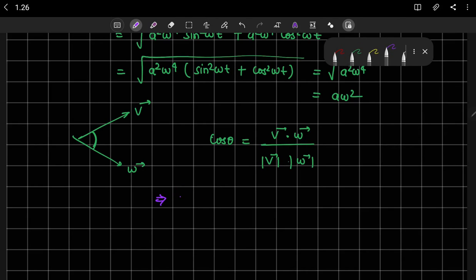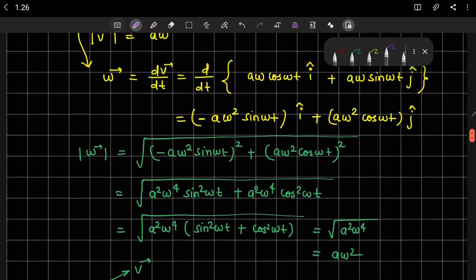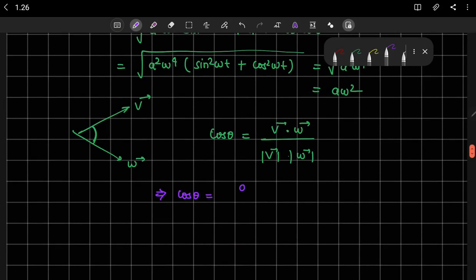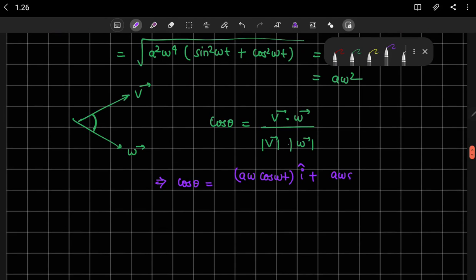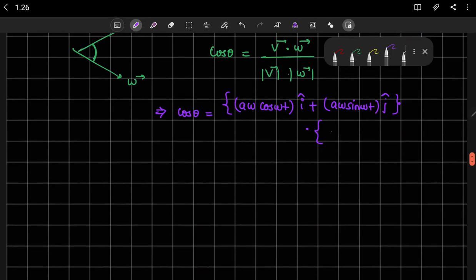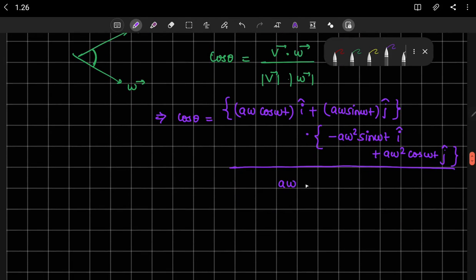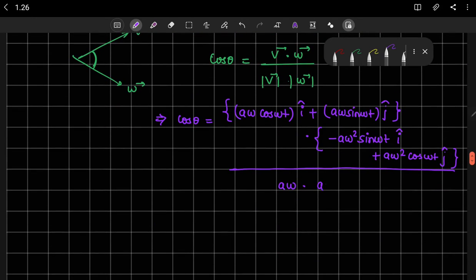So from here we can write cos theta is equal to the velocity vector, a omega cos omega t i cap plus a omega sin omega t j cap, dot product with the acceleration vector, minus a omega square sin omega t i cap plus a omega square cos omega t j cap, whole divided by the magnitude of the velocity vector, a omega, and the magnitude of the acceleration vector, a omega square.